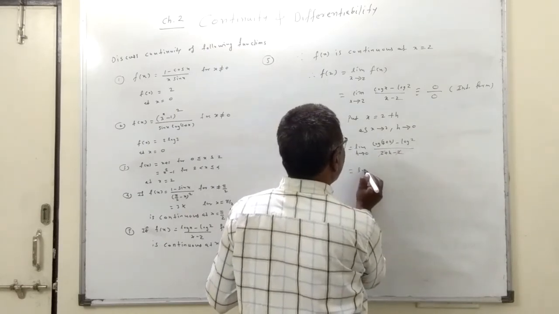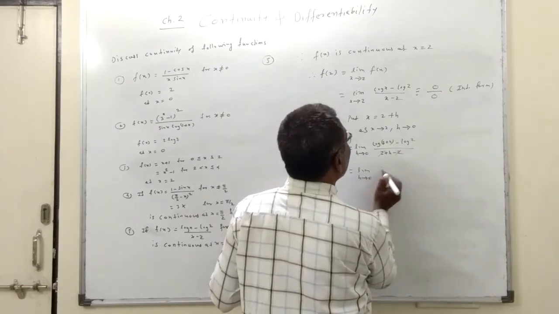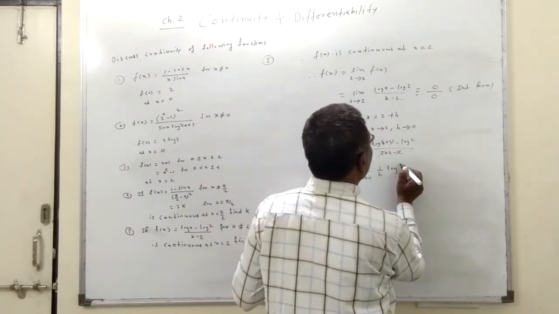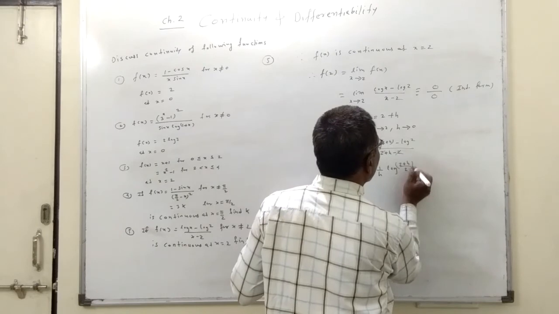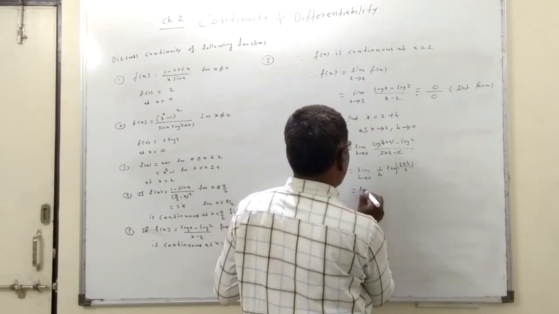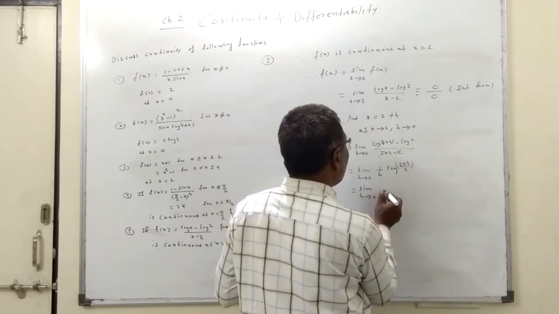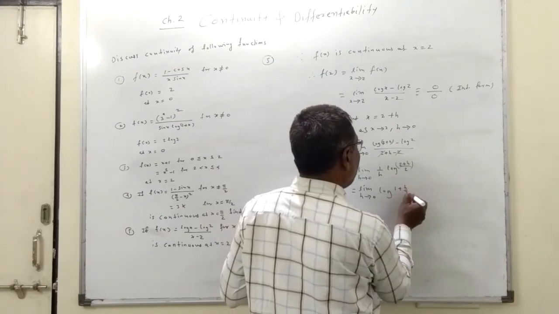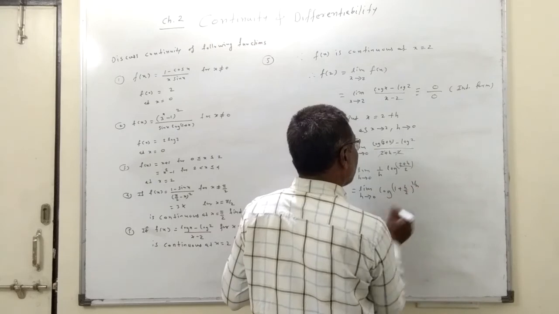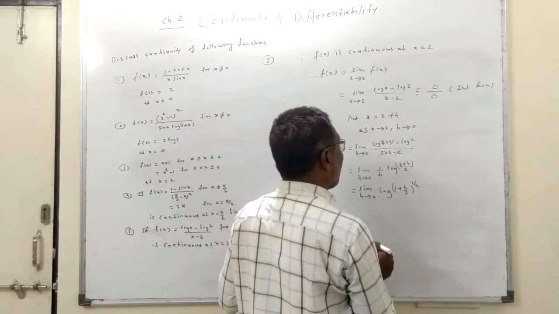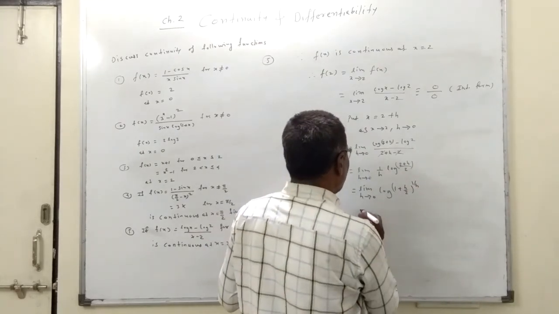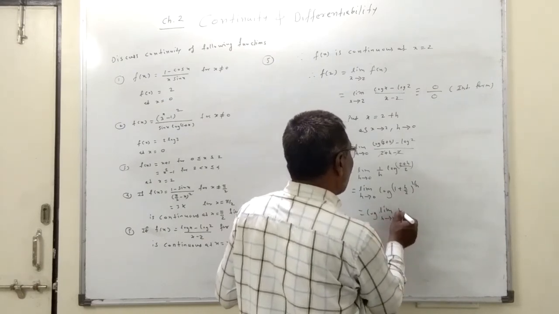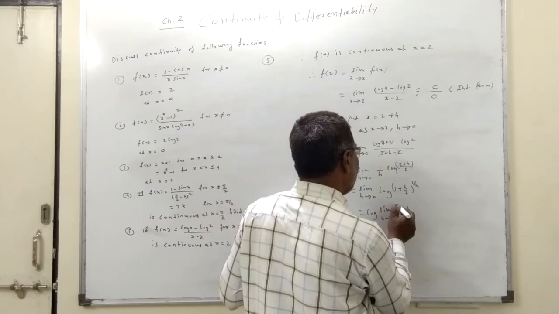So that is equal to limit h tends to 0, 1 upon h, log a minus log b formula, 2 plus h upon 2. So that is equal to limit h tends to 0, log of 1 plus h by 2 raised to 1 upon h. Now you know this: the limit of log is log of the limit. Right? So that is equal to log of limit h tends to 0, 1 plus h by 2.